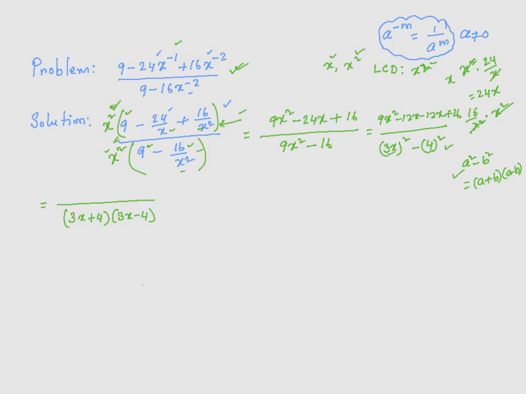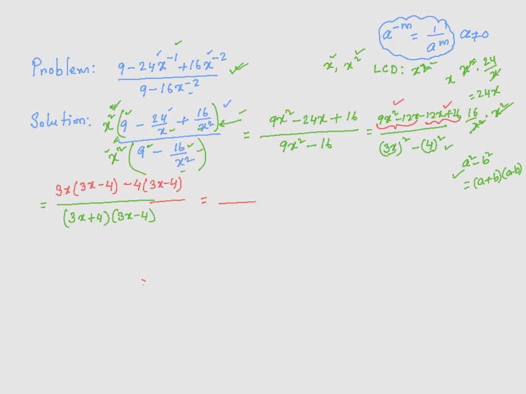Now on the numerator, look at this. I'm going to create groups. So it's factoring by grouping. So what do I have? In the first group, I could factor out 3x. If I did that, I'm going to be left with 3x minus 4. In the second group, I could factor out negative 4. That's going to give me 3x minus 4.